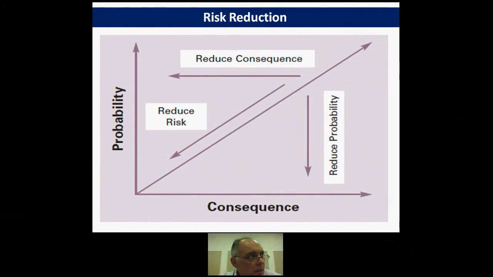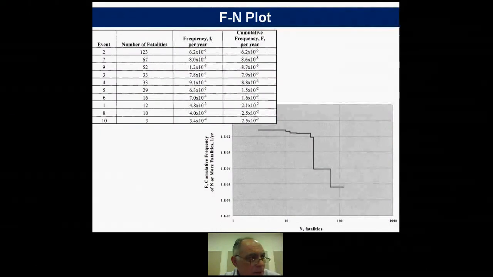Now, these regions of acceptable and non-acceptable risks can also, in a more quantitative manner, be defined by the so-called FN plots, where we can see the consequences.